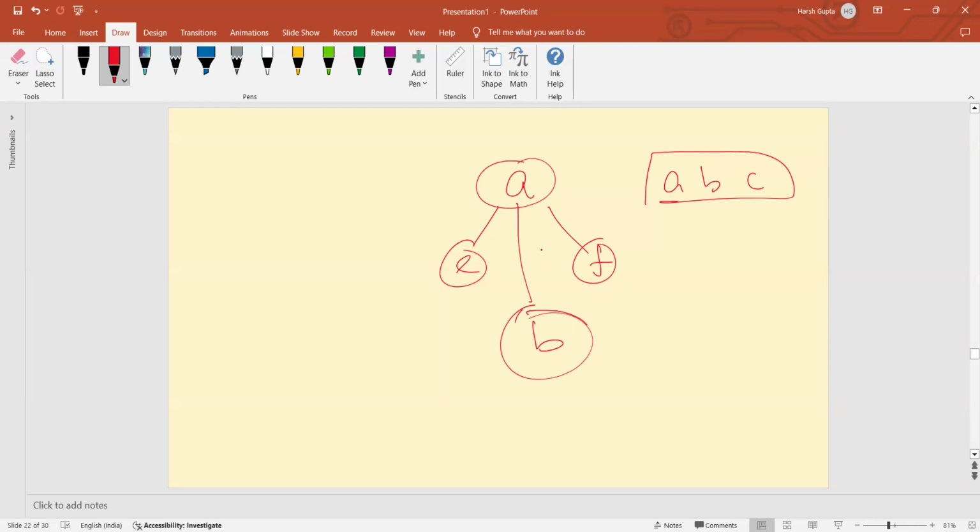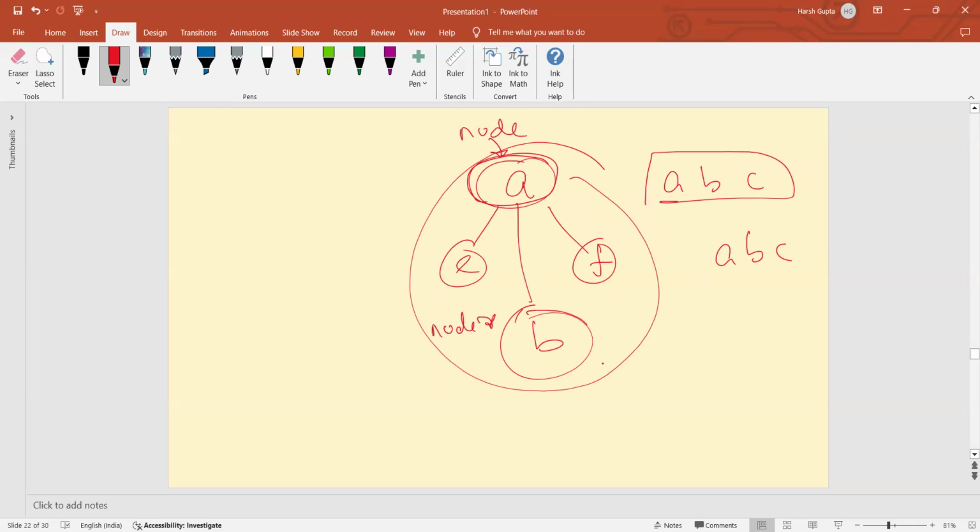But let's suppose this was the initial structure, and now I tell you to insert ABC. You are currently at A, and now you want to go to B, so you don't have to make a new node. If initially your node is pointing towards A, now your node should point towards B. And once you want to insert C as well, just make a new node C, and your node will point over here.